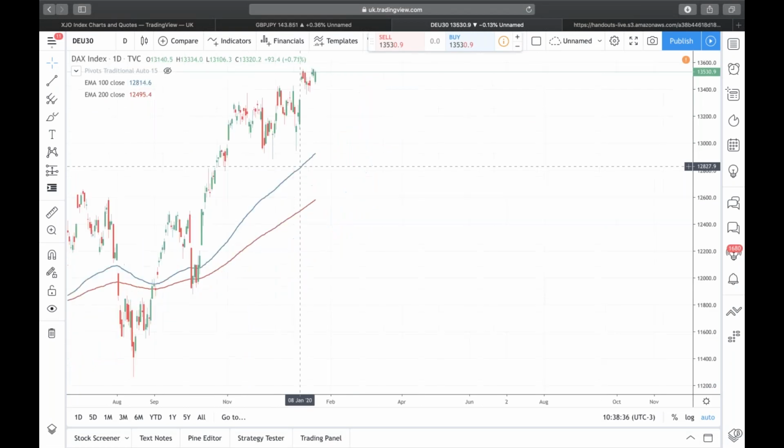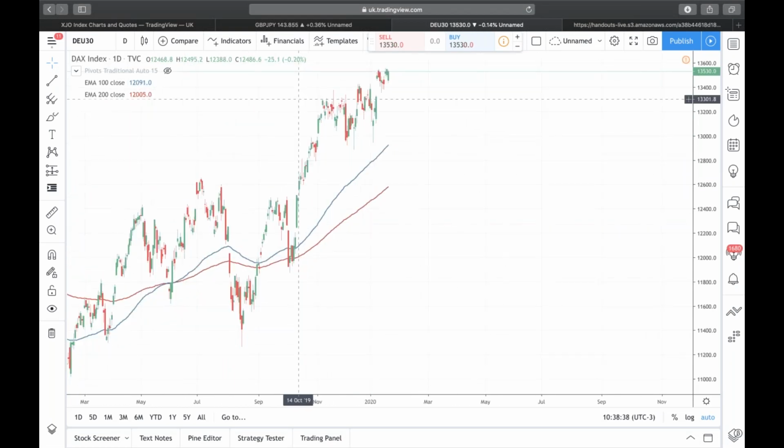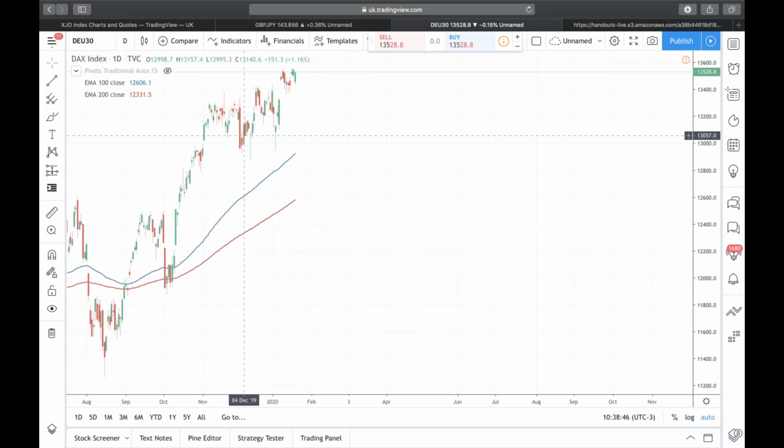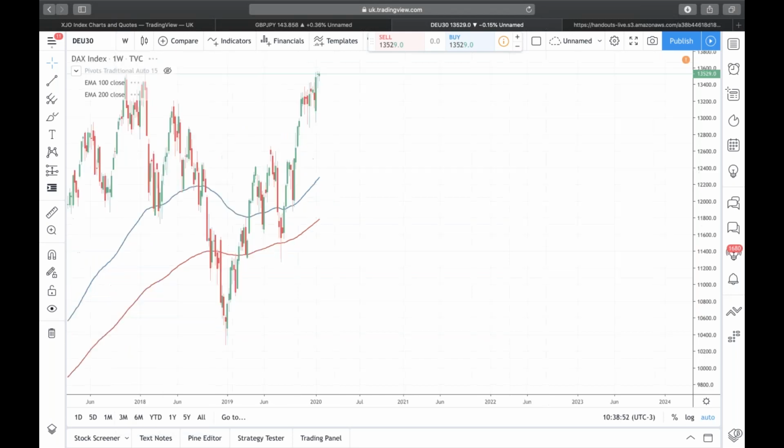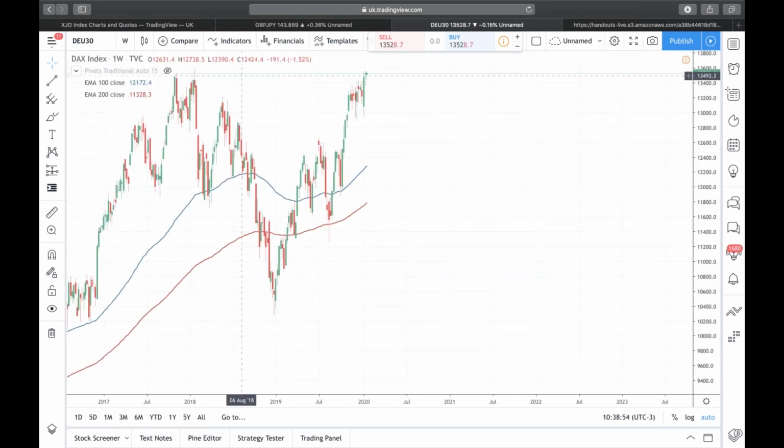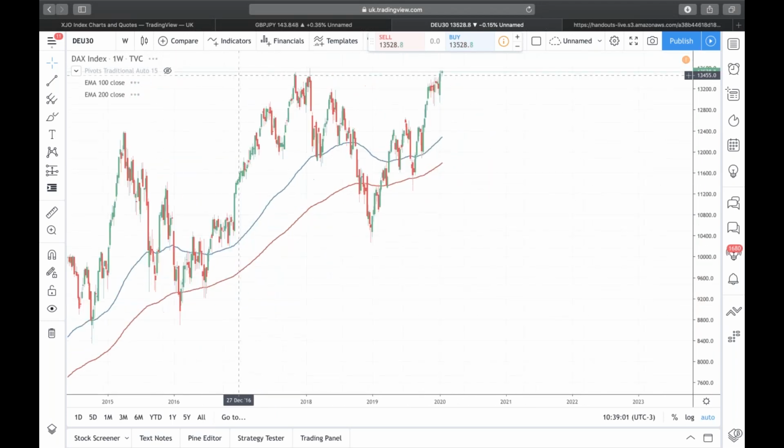Yeah, that's it, we've got the DAX. Okay, the DAX, Hashik, it's in a strong bullish mood. We can see we're approaching these recent highs, 13,600, like other equity markets making record highs.